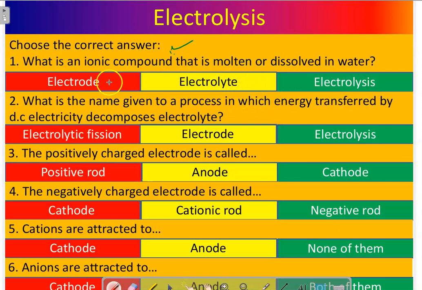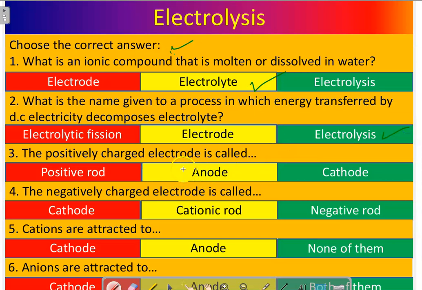In question 1, what is an ionic compound that is molten or dissolved in water? The correct answer, from our definition, is an electrolyte. Question 2, what is the name given to a process in which energy transferred by DC decomposes an electrolyte? From our definition, that is electrolysis.